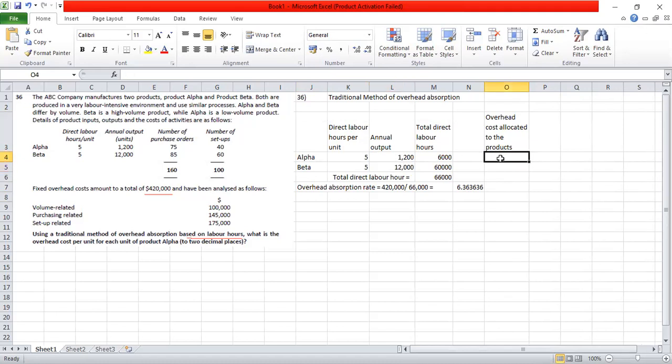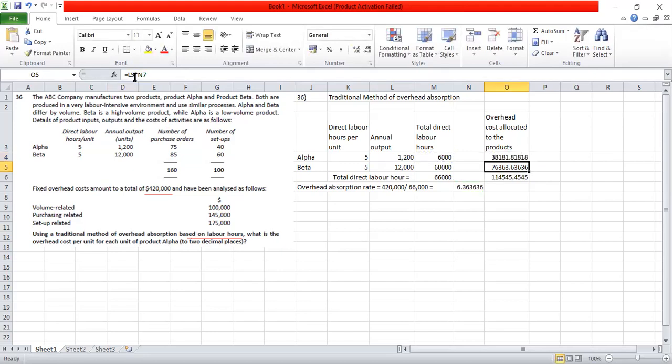So we take 1,200 hours into rate per hour. Similarly, 12,000 hours into rate per hour. So we know the total amount of overhead cost incurred. Sorry, the number of hours are 6,000.